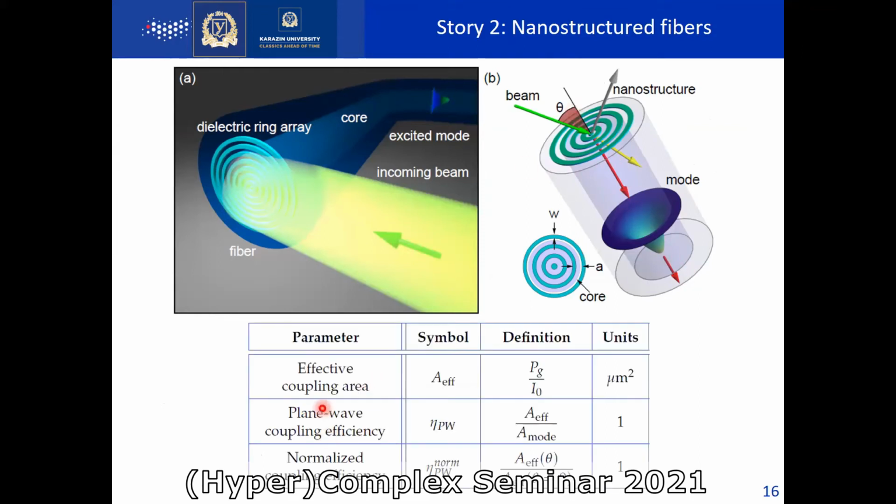We define the effective coupling area as the ratio of the power of the guided mode measured inside the fiber to the intensity of the incident light, and the plane wave coupling efficiency as the ratio of this effective coupling area to the area of the mode, which is well known from the passport of the fiber, but in practice is slightly larger than the area of the core.